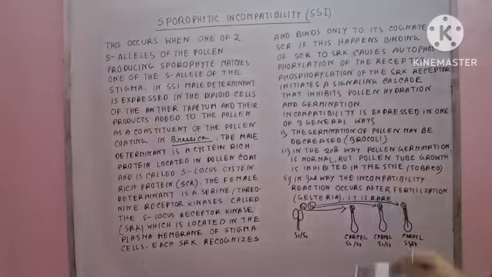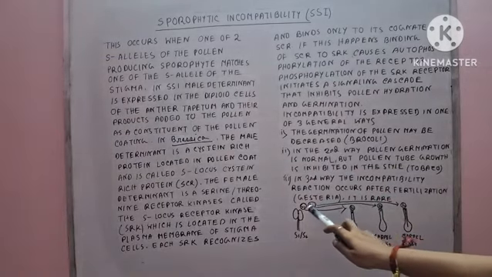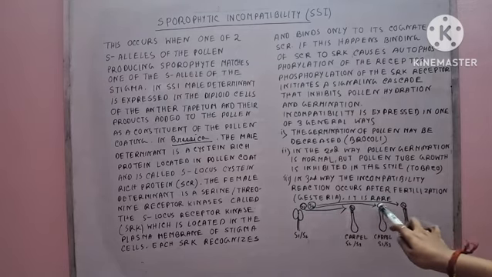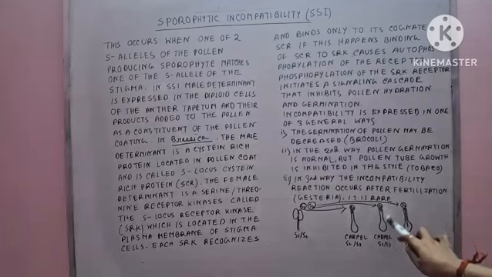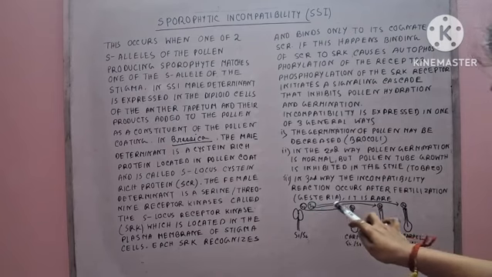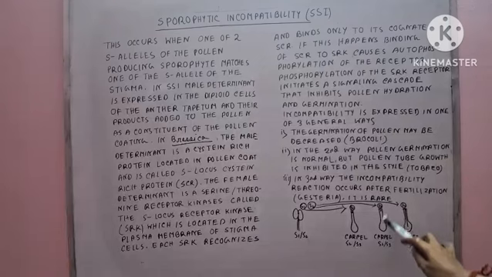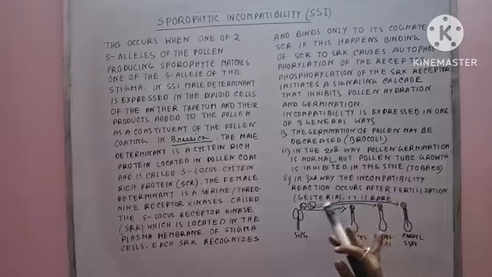In the second case, you can see that from S1, S2, the S2 is transferred to the stigma where the sporophytes produced are S2 and S3. So S2 is matched with S2. So here also the incompatibility occurs, and pollen tube formation is not seen.